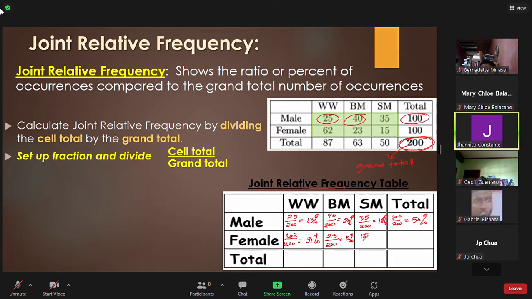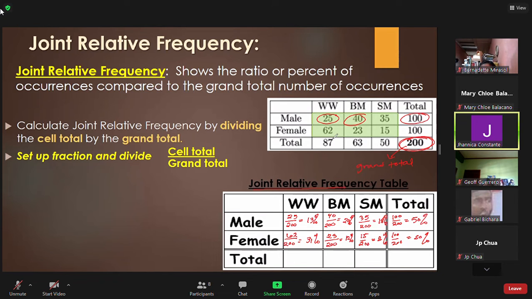Then 15 divided by 200 is also equal to 8%. And 100 divided by 200 is equal to 50%.